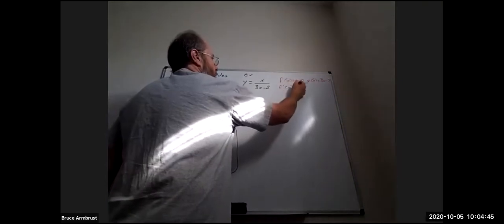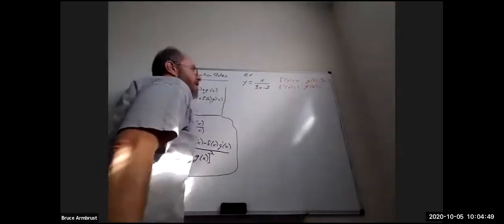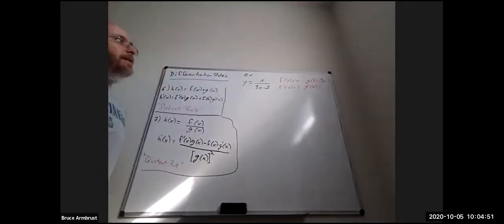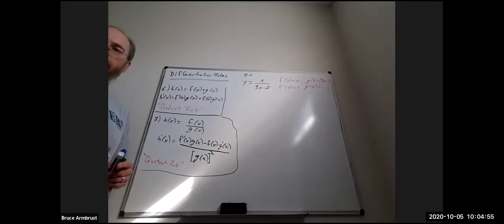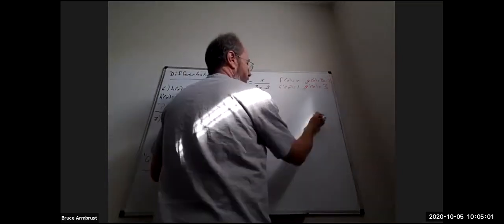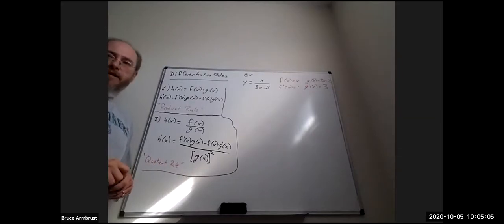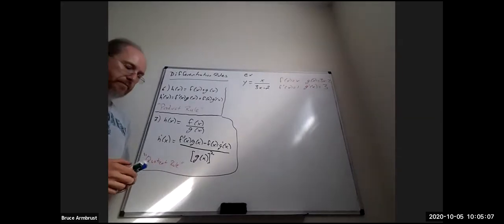The derivative of x we've seen is 1. And for the derivative of g, it might be easiest if we just recognize that g is a line. 3x minus 2, right? That's just a line. So its derivative is its slope, which is 3. But feel free to use the rules to figure out the derivative of that if you need.